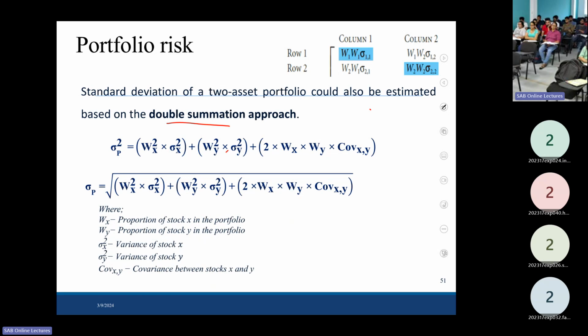Here you can see there are 2 columns because we have only two stocks, so it is a 2 by 2 matrix with columns and rows.